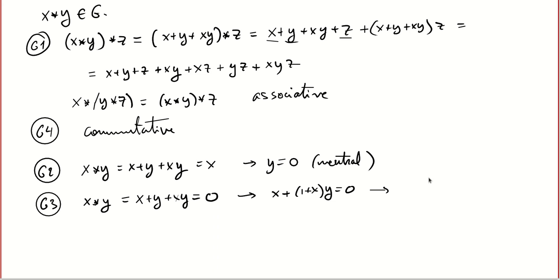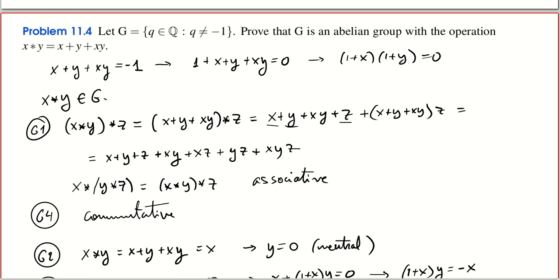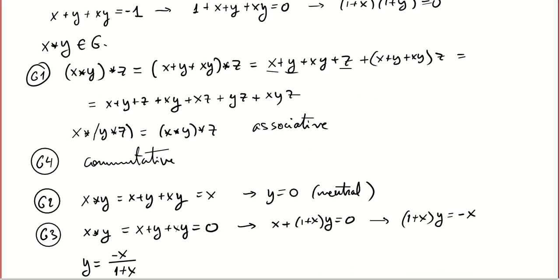So you put x on the other side, you have (1 plus x) times y equal to negative x. And since 1 plus x is not 0 because all the elements of the set are different from negative 1, then y is negative x over 1 plus x. So that's the inverse of every number x with respect to this product. So you see, it's an abelian group with respect to this operation.